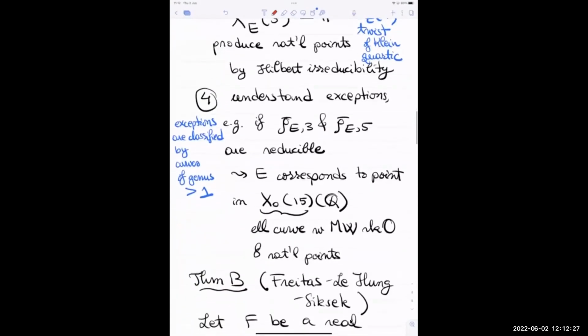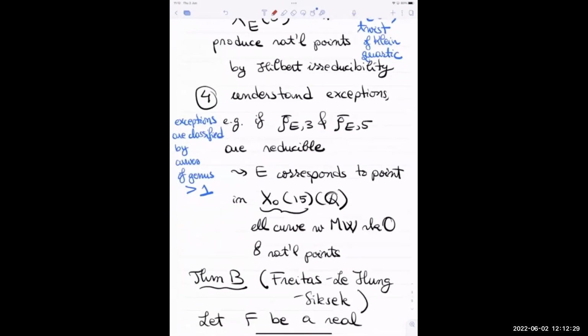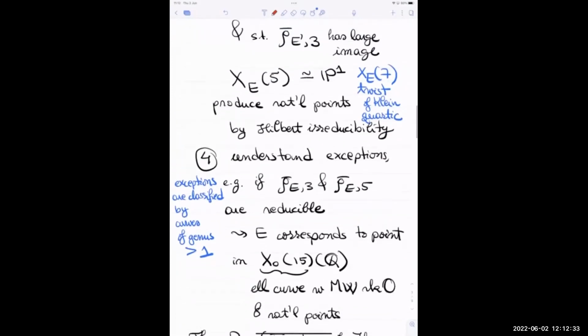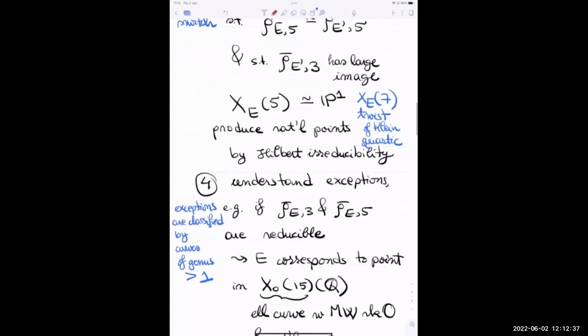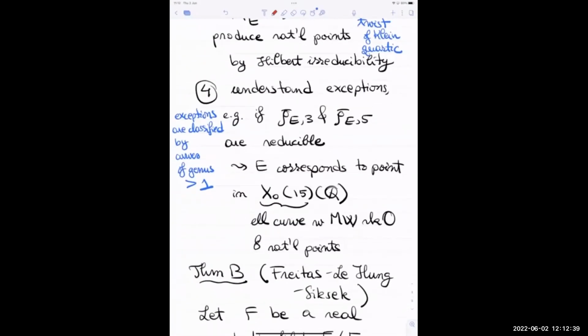And I guess, in terms of understanding exceptions, maybe the thing to say is that here we look at modular curves with small level at 3 and at 5, and we weren't able for now to do a 3-7, say, modularity switch.